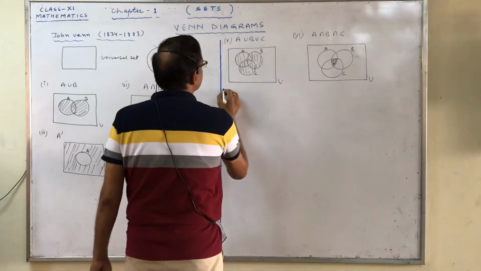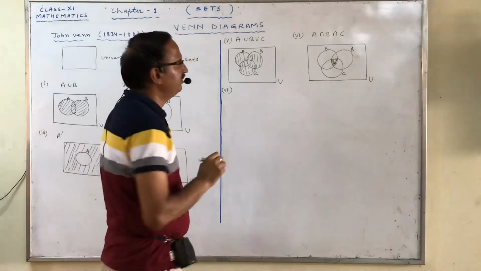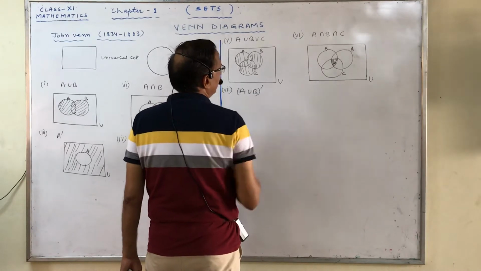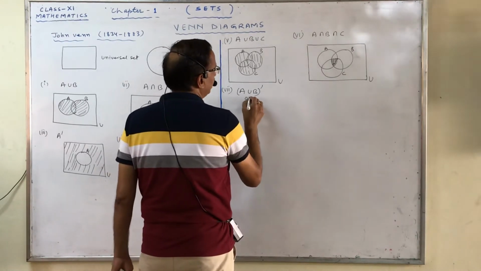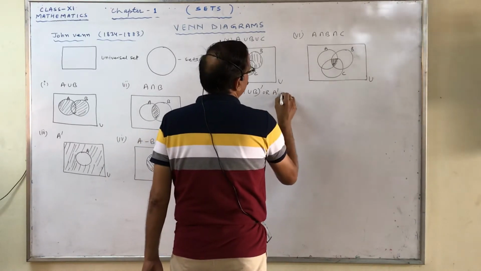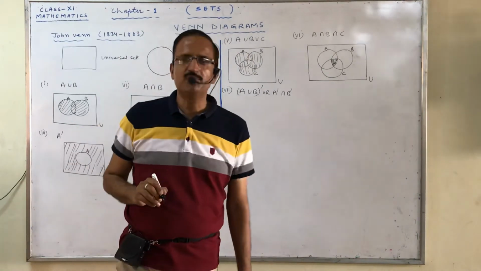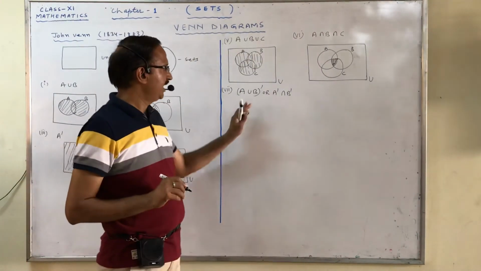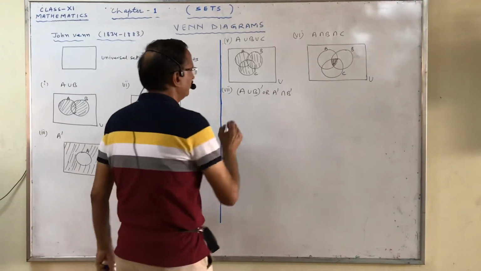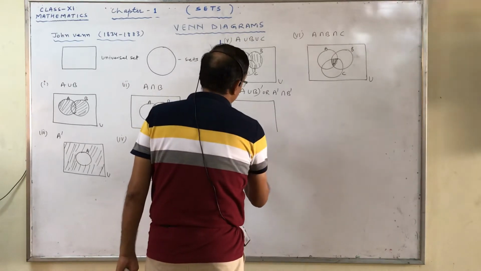Now seventh is A union B dash, or we can say A dash intersection B dash. This is the result of De Morgan's law. So the Venn diagram for both these is the same. So for this, this is universal set.